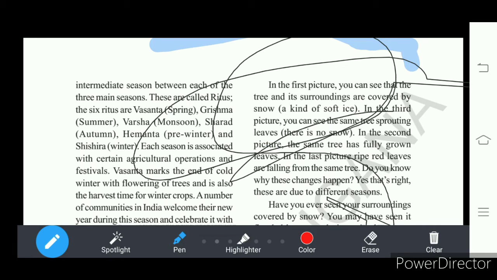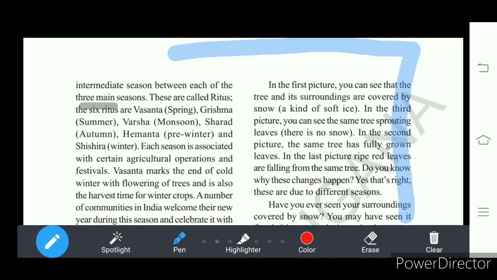It is Vasanta Ritu, which we call spring. Grishma, that we call summer. Okay, Vasanta means spring. Grishma means it is a summer. Varsha, it is a monsoon. Sharat Rutu, that is autumn.